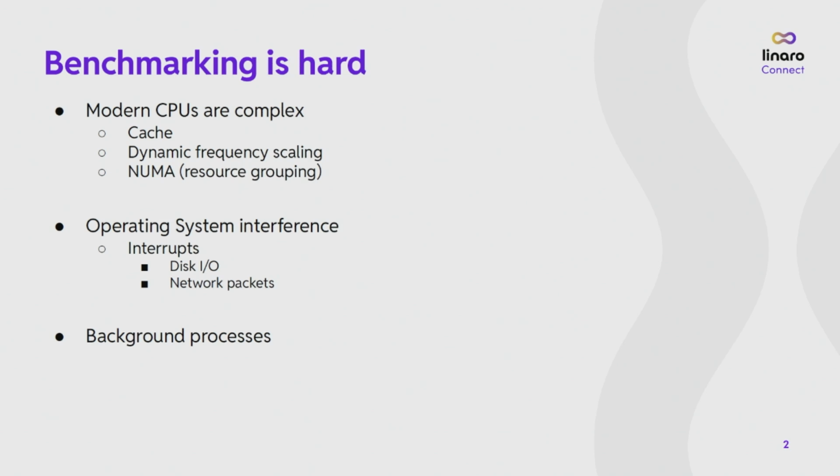So, for example, when a new network packet arrives, the operating system needs to handle it and forward it to the appropriate process. And also if other background processes are running at the same time as the benchmark, they can consume CPU and RAM, which is also going to interfere with the measured time of the benchmark.